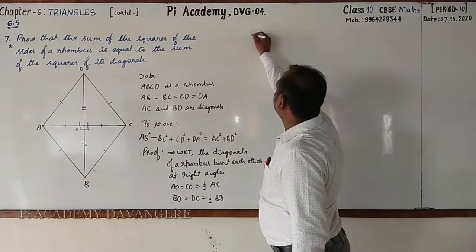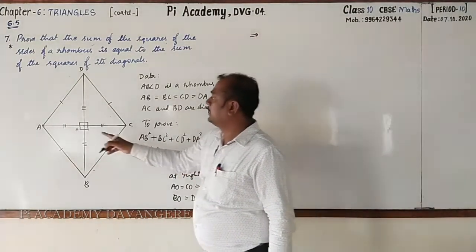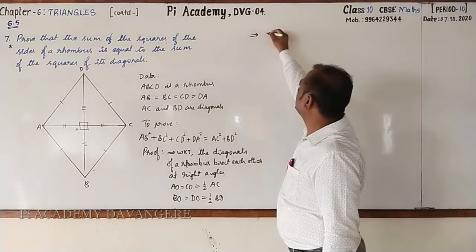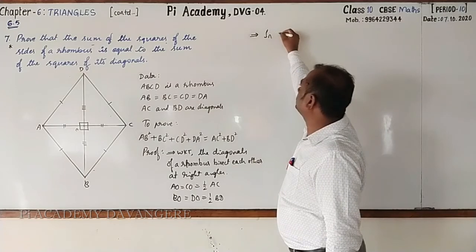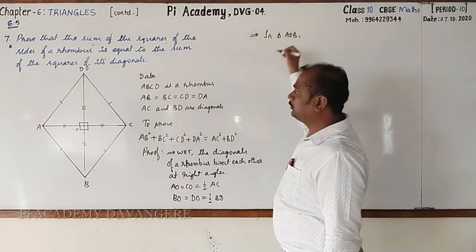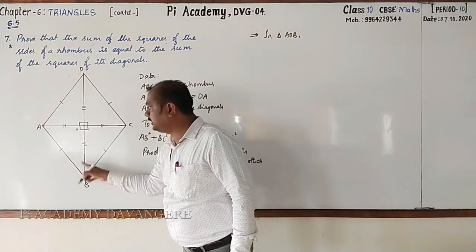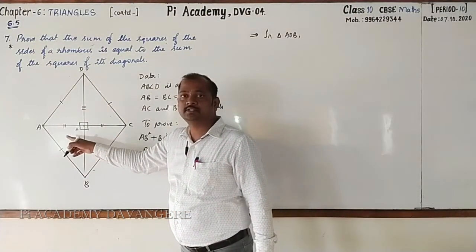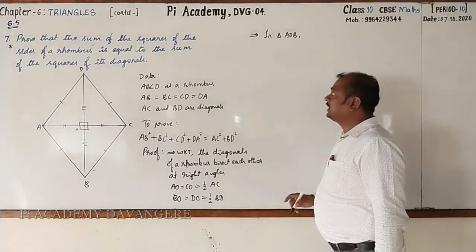Now we shall go for taking the triangles one by one. First, AOB. If you have not written, you can start writing with me. In triangle AOB, angle AOB is 90 degree because diagonals bisect each other at right angles.